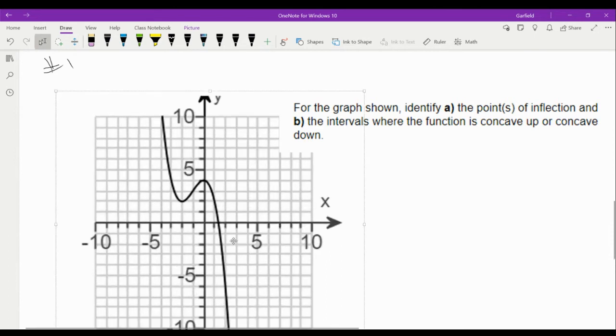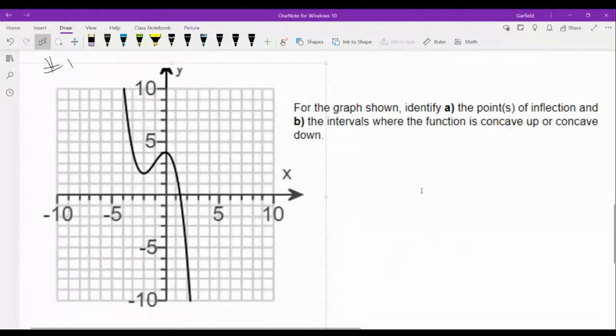So we can make it bigger. Do we have any concavity up or down here or points of inflection? How about point of inflection? Can someone help me with this? Do we see any point of inflection? 0, 5?